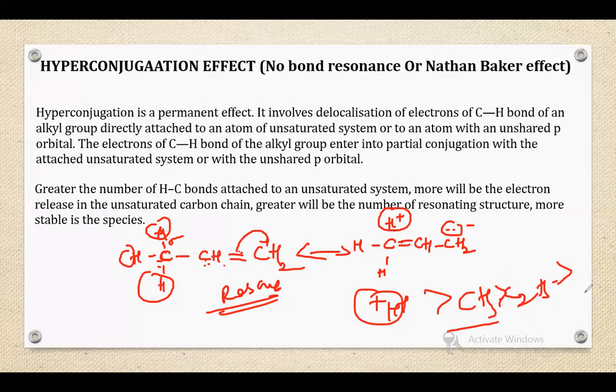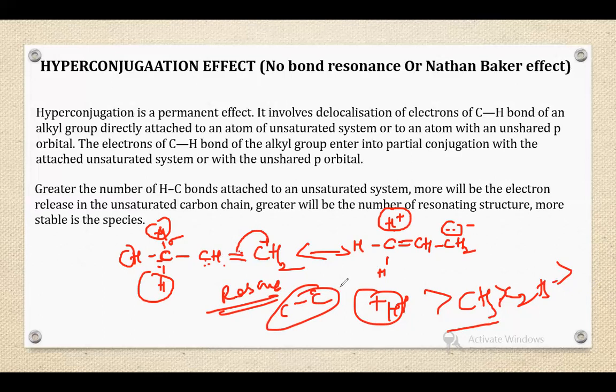In hyperconjugation, shortening of the carbon-carbon single bond takes place. If a double bond forms, the carbon-carbon bond is obviously shortened, and the bond length decreases because the group is attached to it.